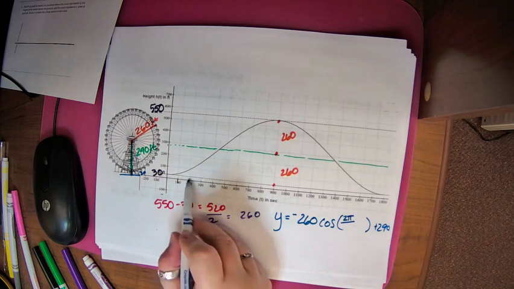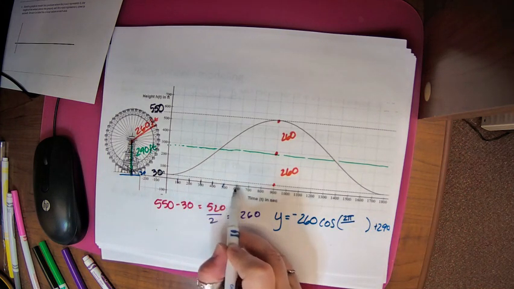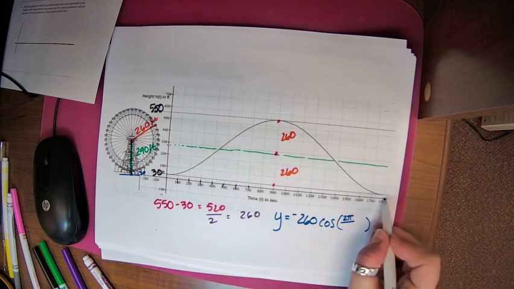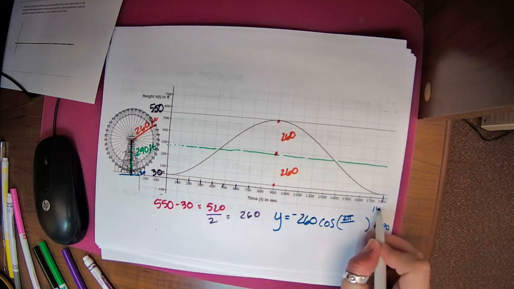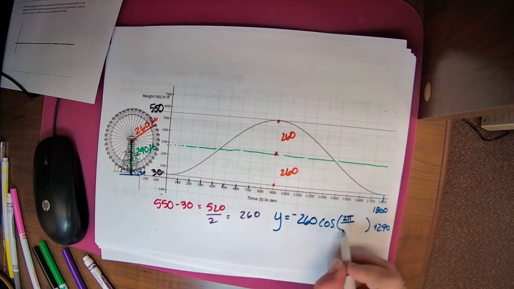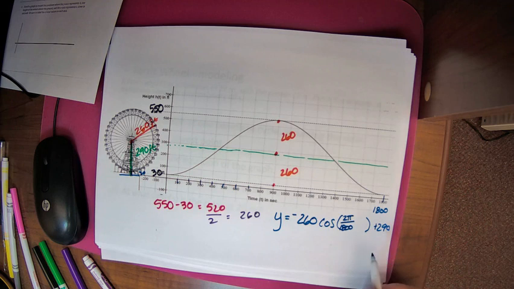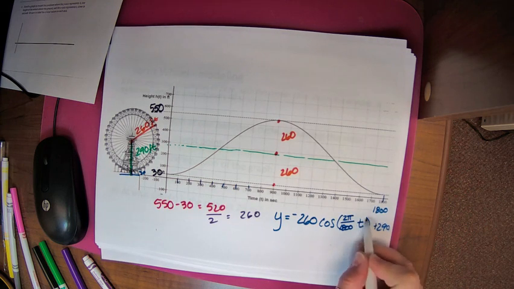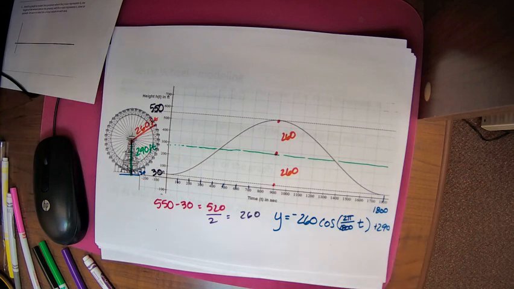It's hard to see on your video, but each of these is 100, and he ends way over here at 1800. So 2 pi divided by 1800 will give me the period when I multiply that by t, because t is the time that we're talking about.